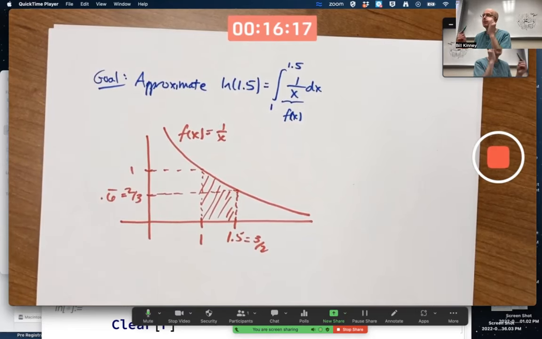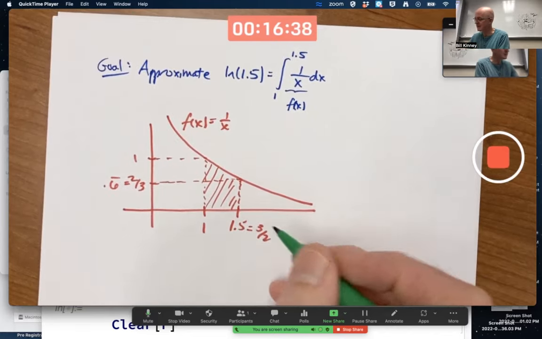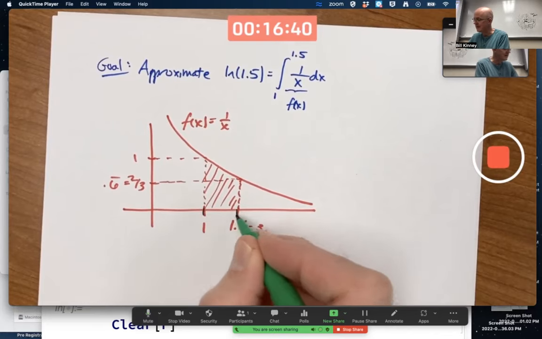Okay. Again, let's approach this pretty simplistically. Initially here, in terms of the left and right hand rules, with n equal to 1, we'll use just one subinterval. Isn't that fun? We won't get the greatest approximation, but it will be nice and simple.